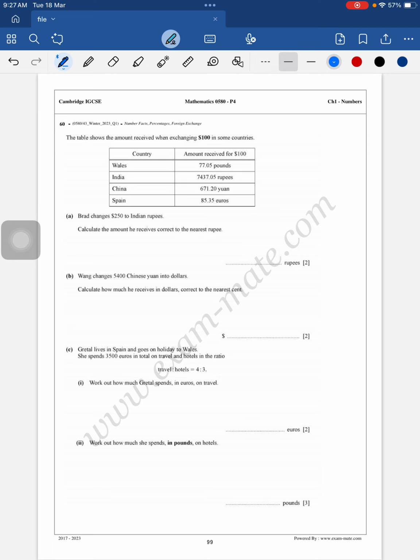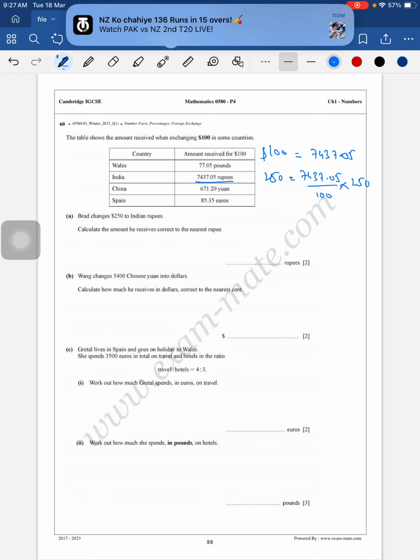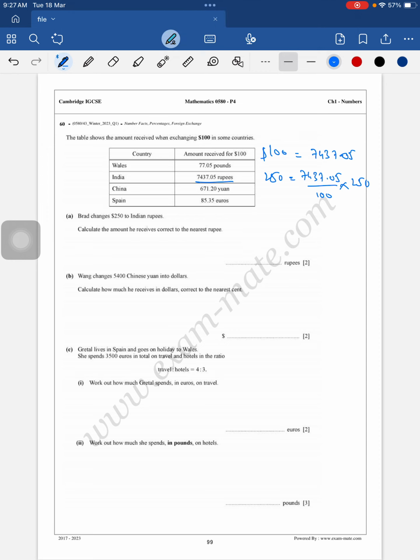Calculate the amount he receives correct to the nearest rupee. $100 is equal to 7437.05 Indian rupees, so we need to convert $250. 7437.05 multiplied by 250 divided by 100 gives 18592.625.